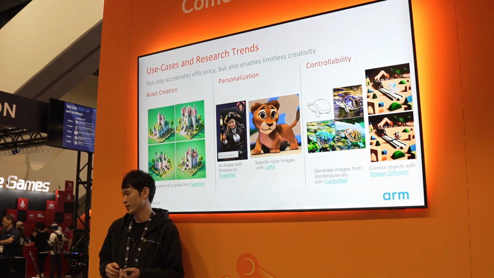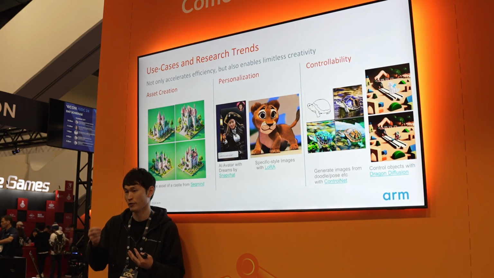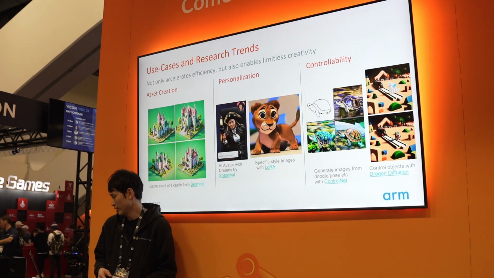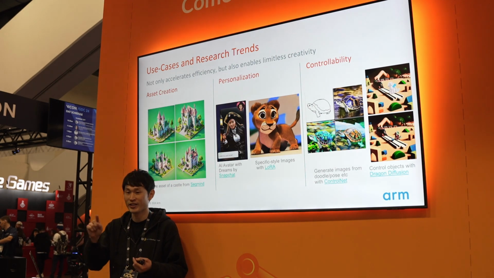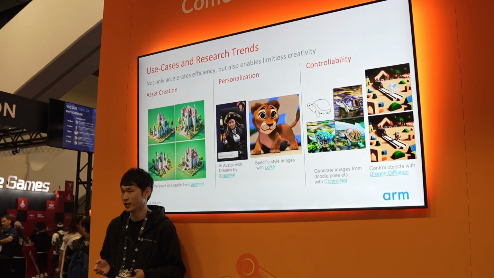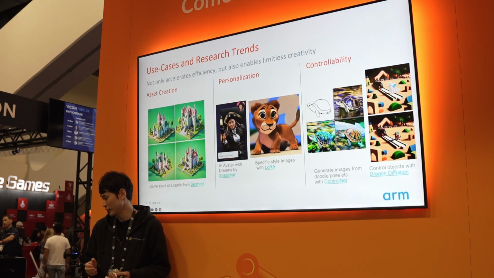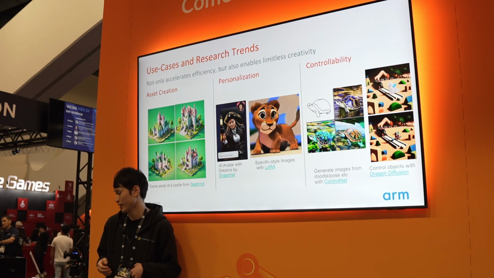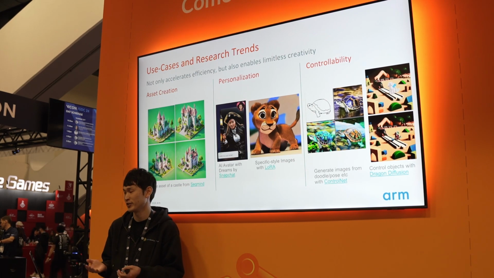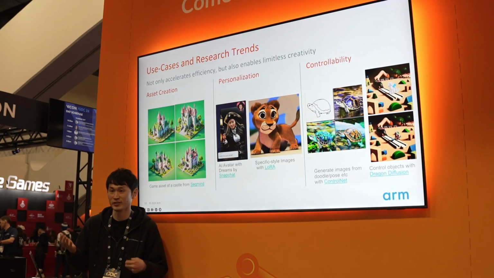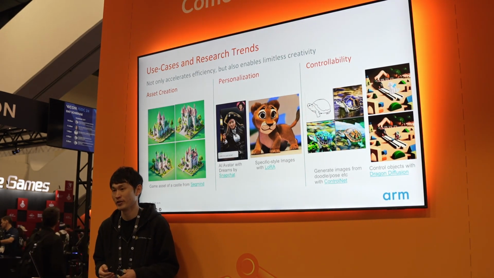On the right, there's a technique that allows for manipulating the object in the generated images by using smartphone-like gestures like dragging or pinching, which is interesting. So in short, Stable Diffusion can be used not only for accelerating game development efficiency, but it also enables expanding your creativity.